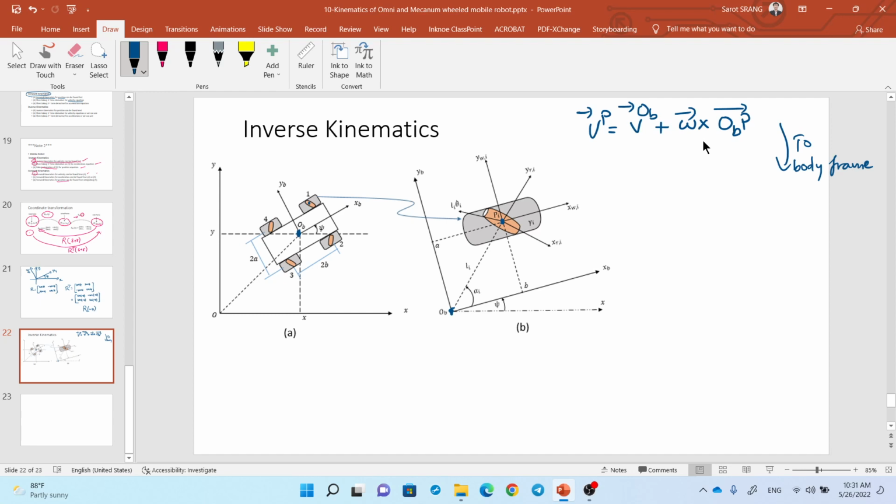So I rewrite this in algebraic form. Vp equals VOB plus omega cross SP. I just denote this vector by SP, measured in the global frame. Then transform into body frame.